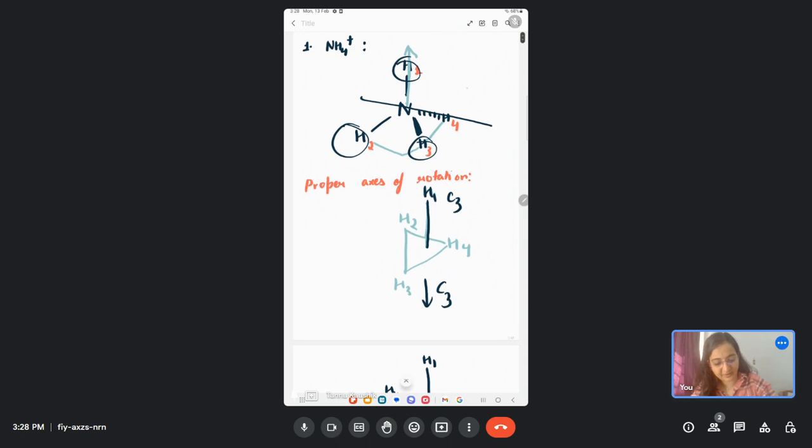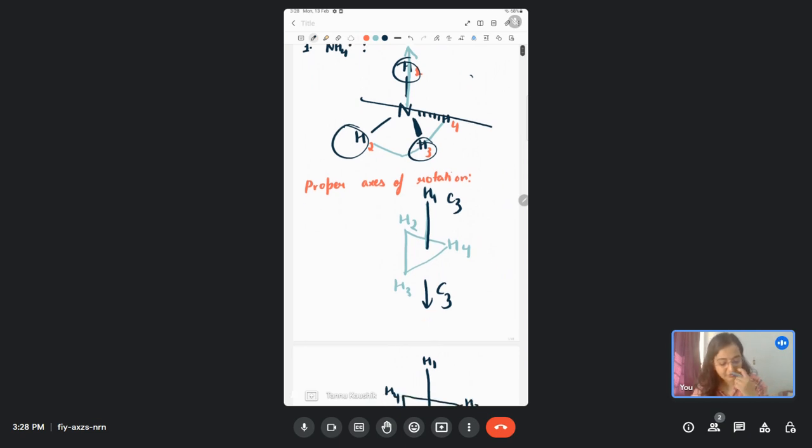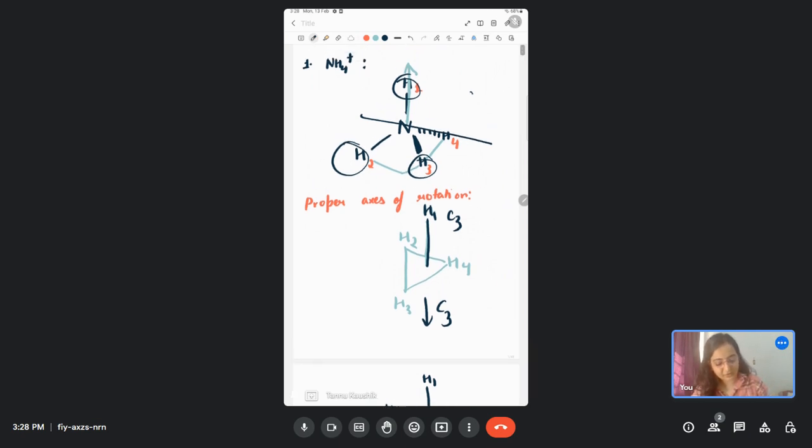So this is NH4 plus, the ammonium cation. Here we have a tetrahedral geometry, and the representation will be like this.